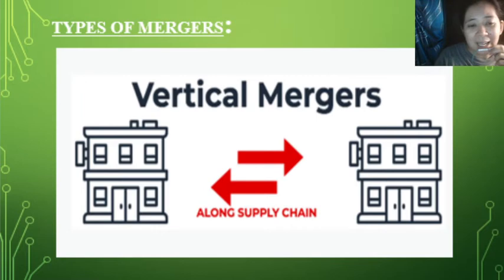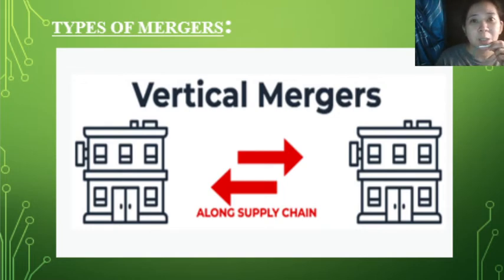The second type of merger is the vertical merger. A vertical merger is a merger between companies that operate along the same supply chain. It is the combination of companies along the production and distribution process of a business. The rationale behind a vertical merger includes higher quality control, better flow of information along the supply chain, and merger synergies.